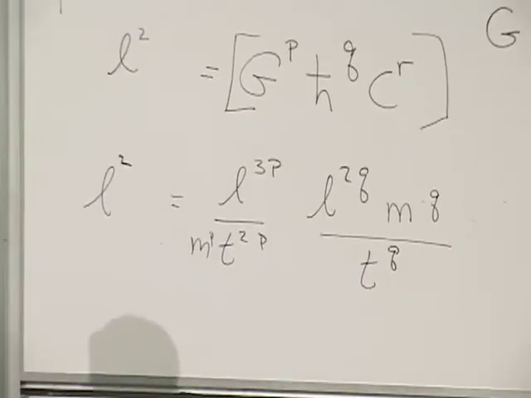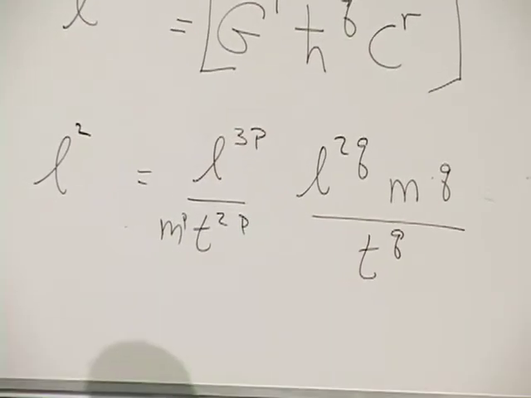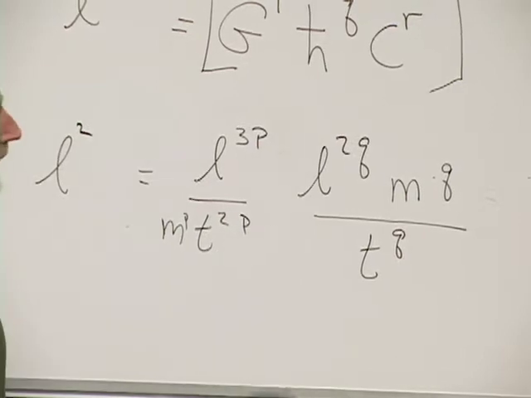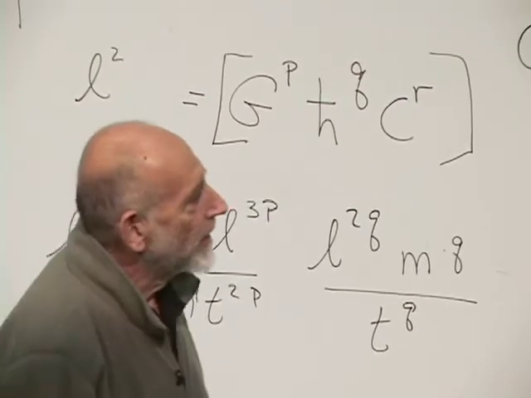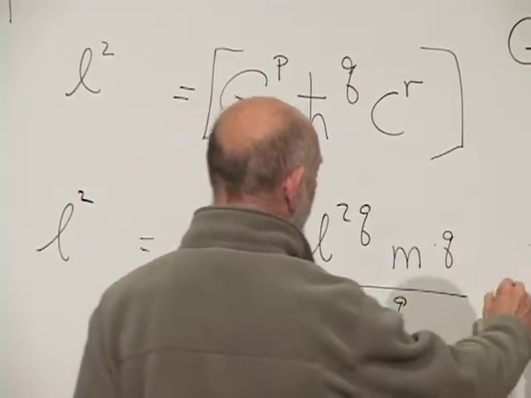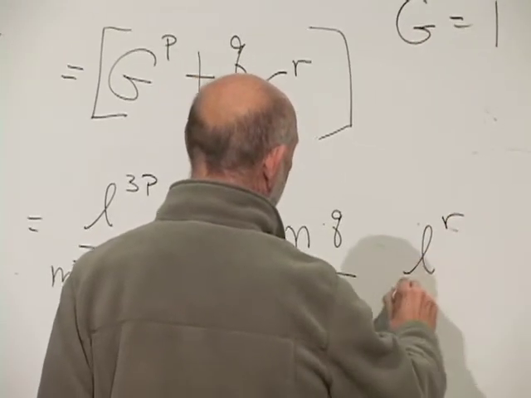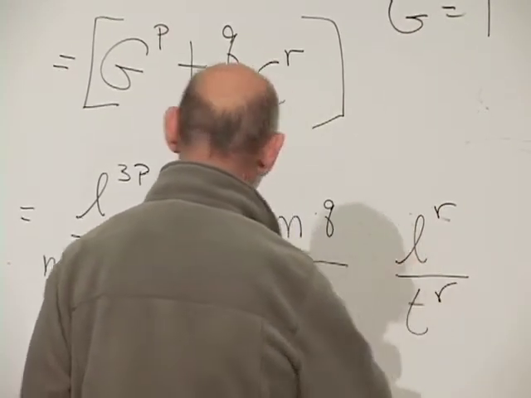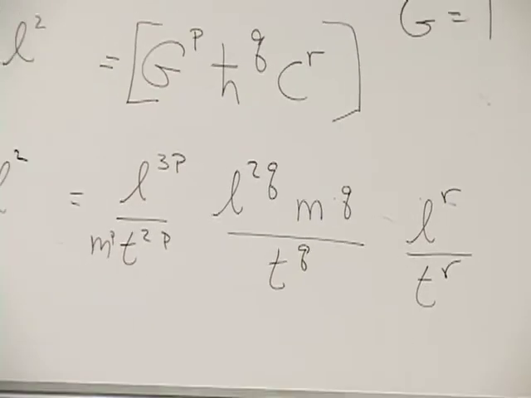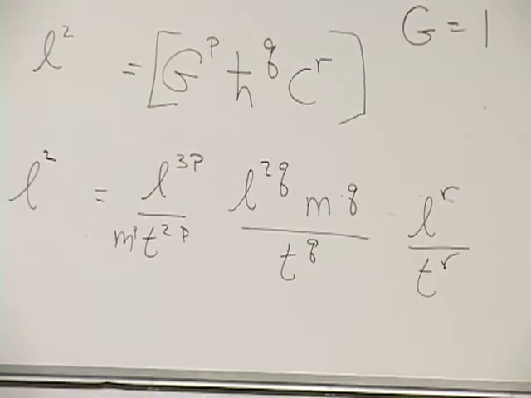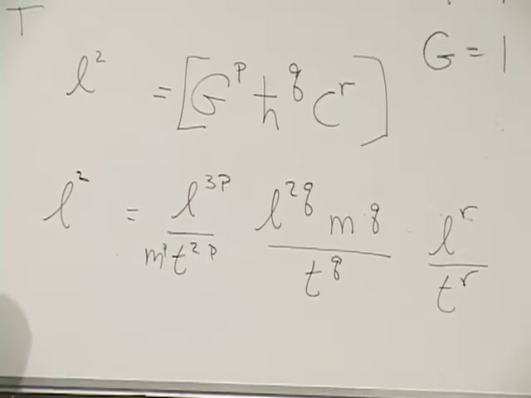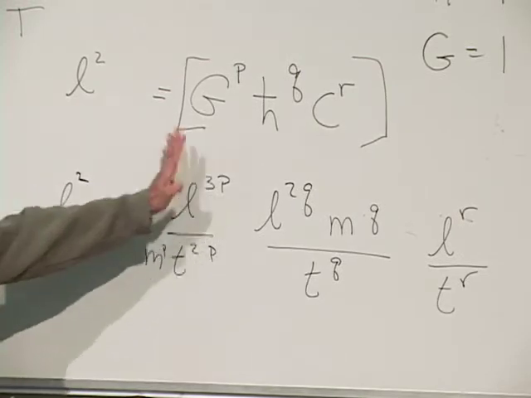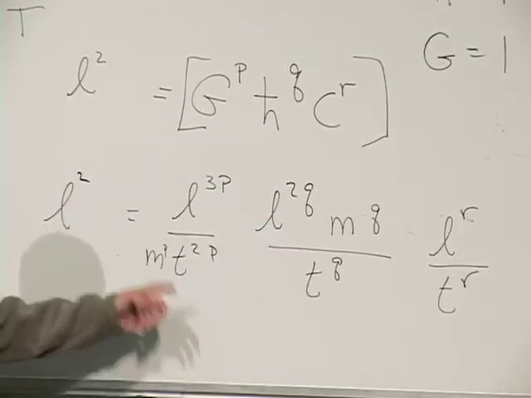Did I get that right? Okay. And then the last one is speed of light to the rth power, which is length to the r over time to the r.